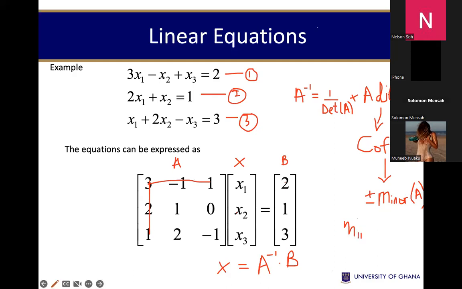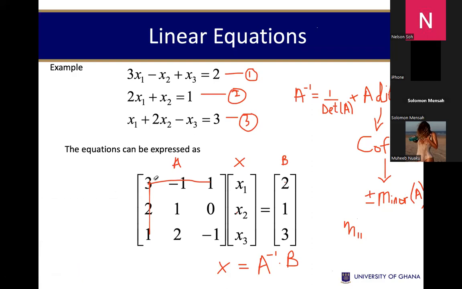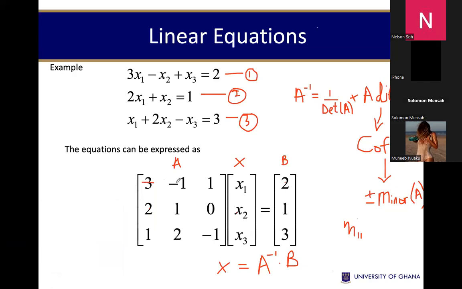Then when you are done, you go ahead to find the second minor of A. The second minor of A is as follows. I cross here, I cross there, then I find the determinant of 2, 0, 1, -1, and that gives me the next minor, M12.